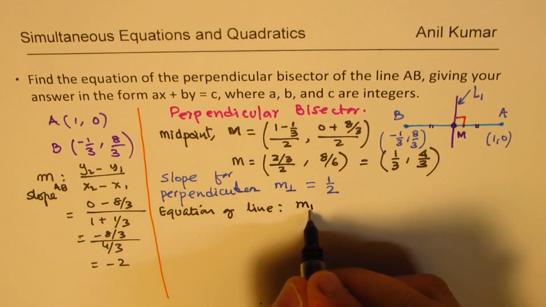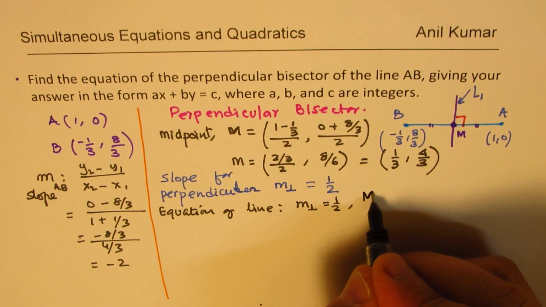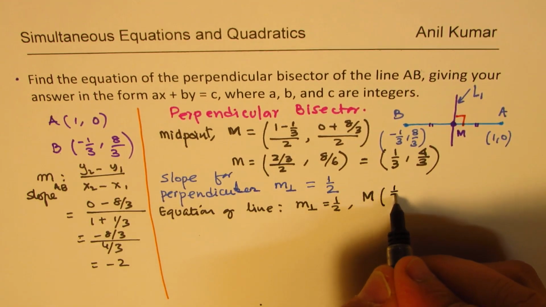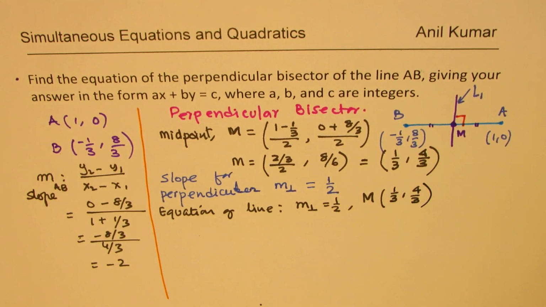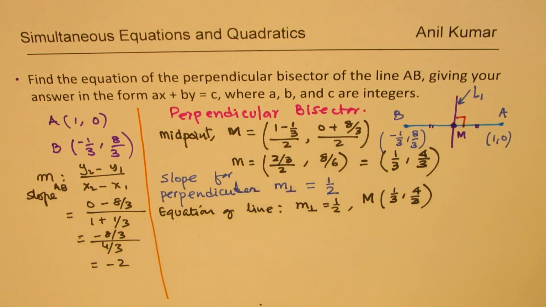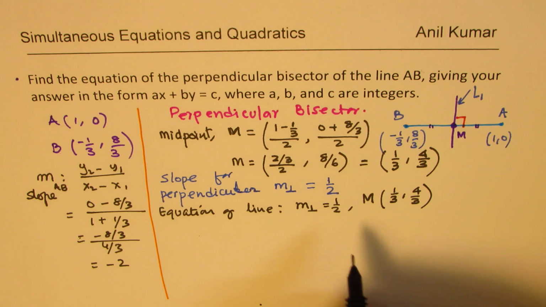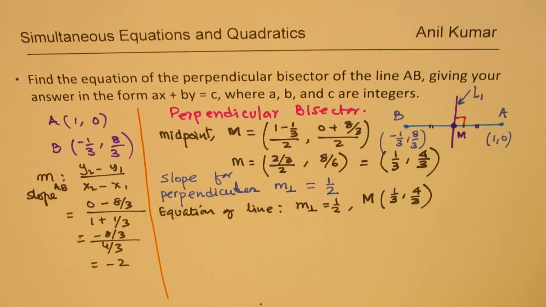So this line has a slope of half, and the point, which is capital M for us, is 1 over 3, 4 over 3, correct? So that is the point which we have, which is the average of these two. Okay. Now, the equation is y equals to mx plus b.